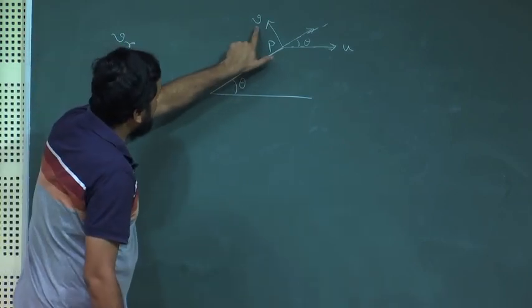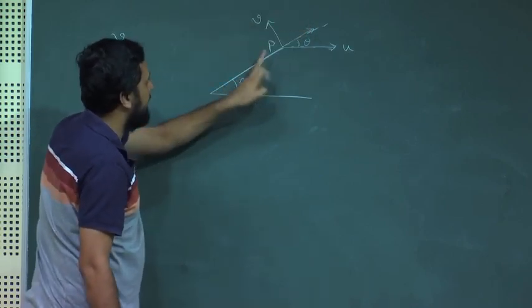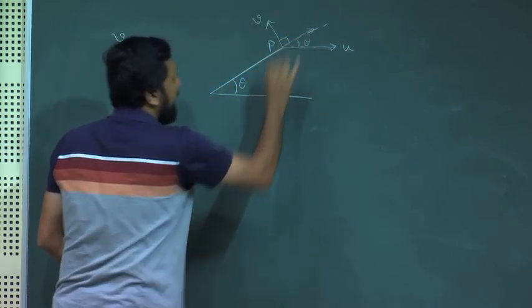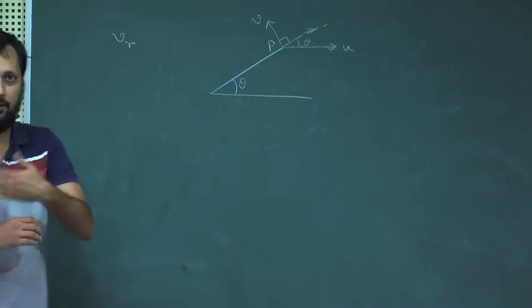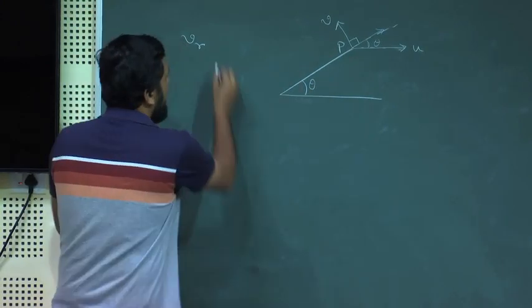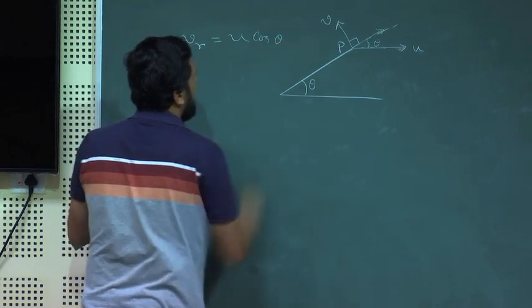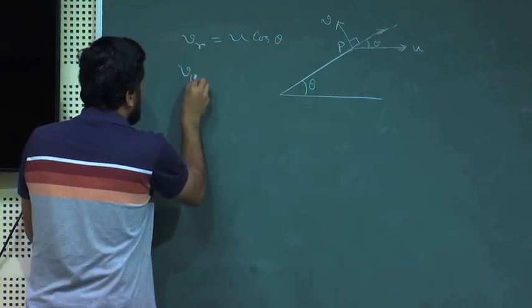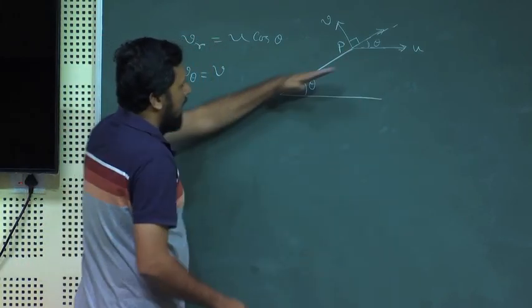The v velocity will have no component along the radial direction, because this angle is 90 degrees, and a vector cannot have a component at 90 degree separation. So, that is why v is ruled out. So, Vr will be simply u cos theta. V theta, obviously it is v, and r and theta.